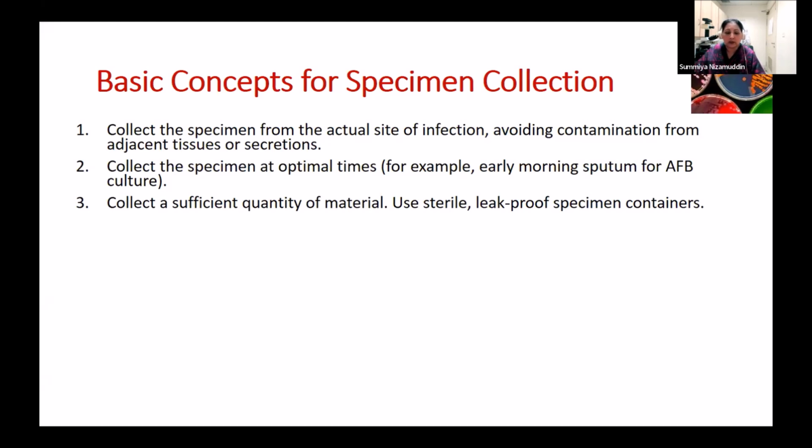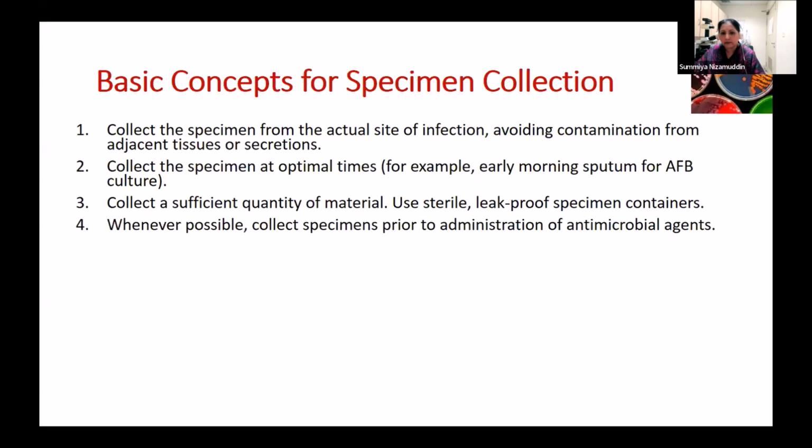So it cannot be that you have sent 1 cc and then you expect that bacterial culture, fungal culture, and TB testing can all be done. It's a little difficult because for every test we need a certain quantity of specimen, and so if you're unsure how much sample to send, it's always helpful if you could call the lab and just discuss with them how much sample would be sufficient.